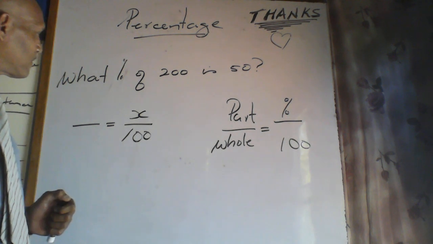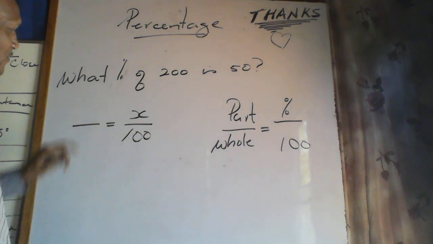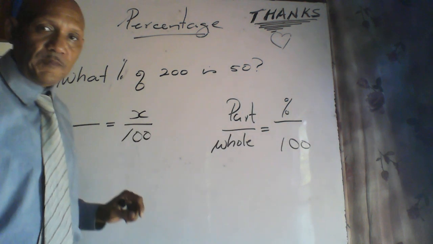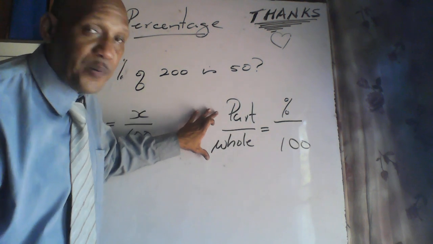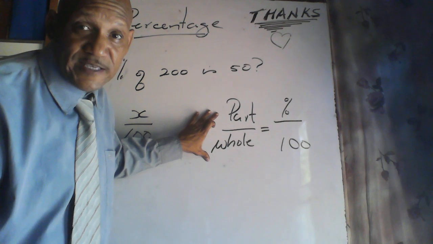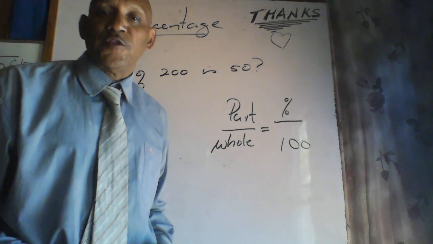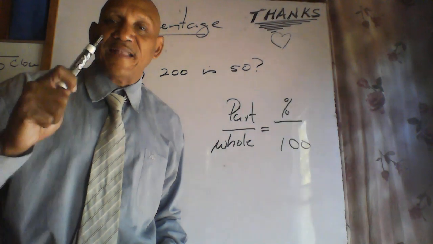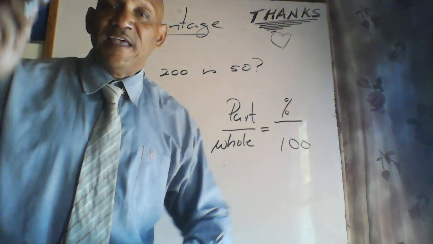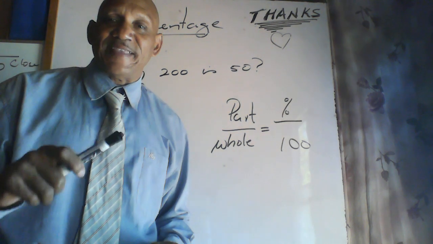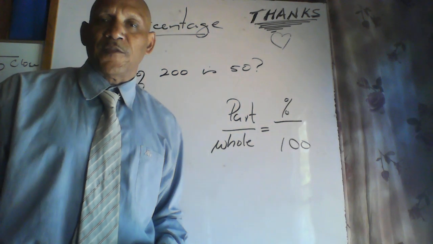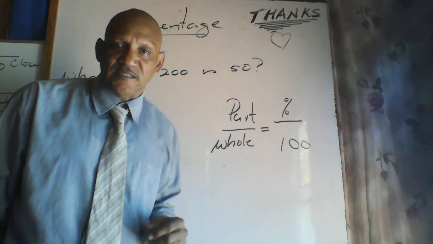Now for the other side, I have to find what the part and the whole are. So I apply the rule. The number that comes after "of" is 95% of the time, or 9.5 times out of 10, the whole. Trust it, please.